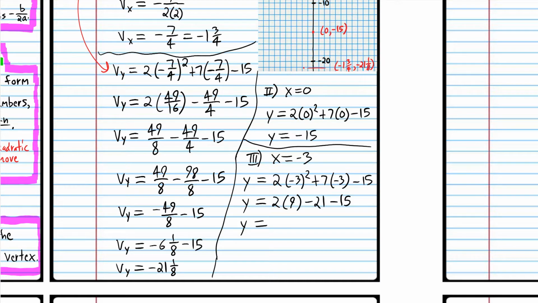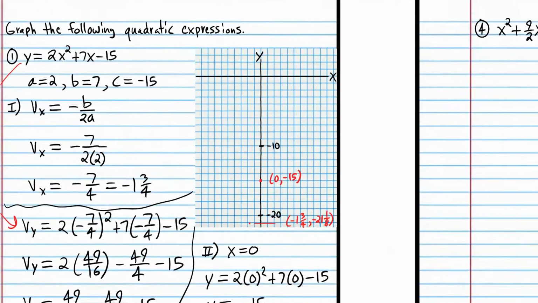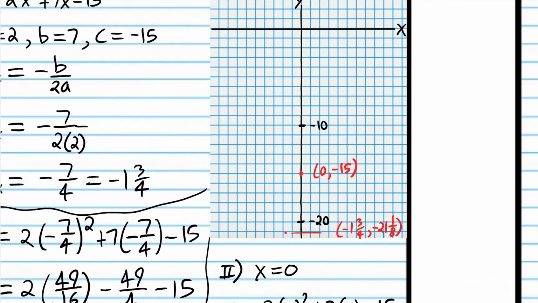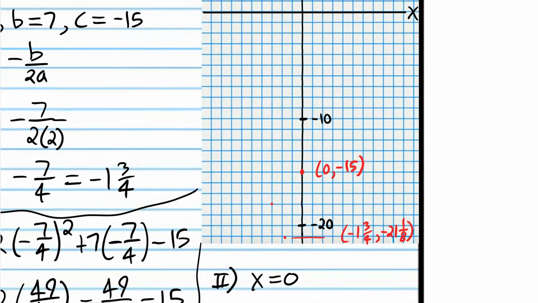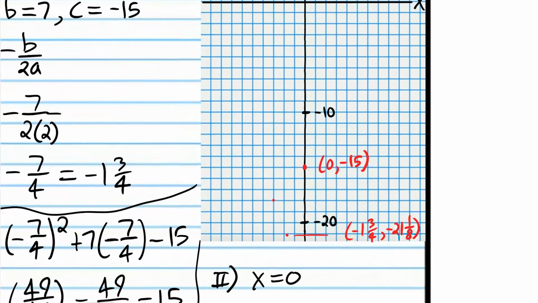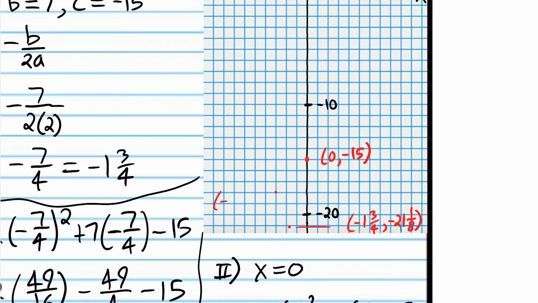Negative 3 minus 15 is negative 18. So now we have the point negative 3, negative 18. And that's going to be about here. And so I'm going to go ahead and label that negative 3, negative 18.